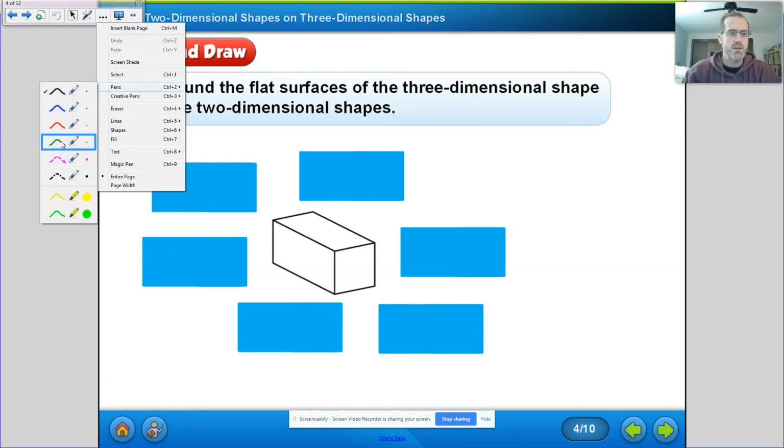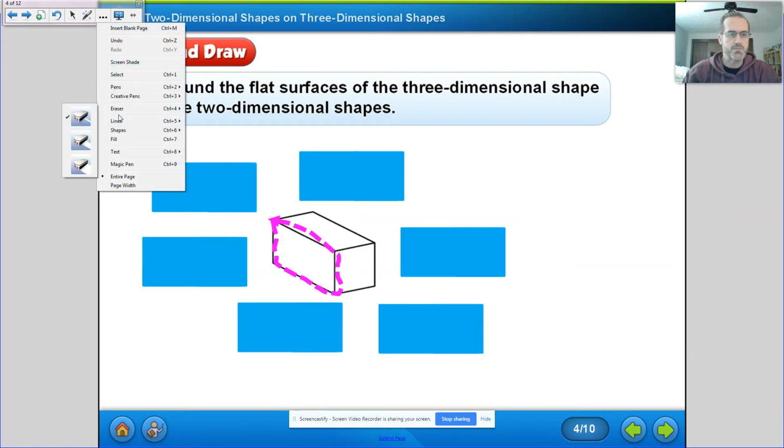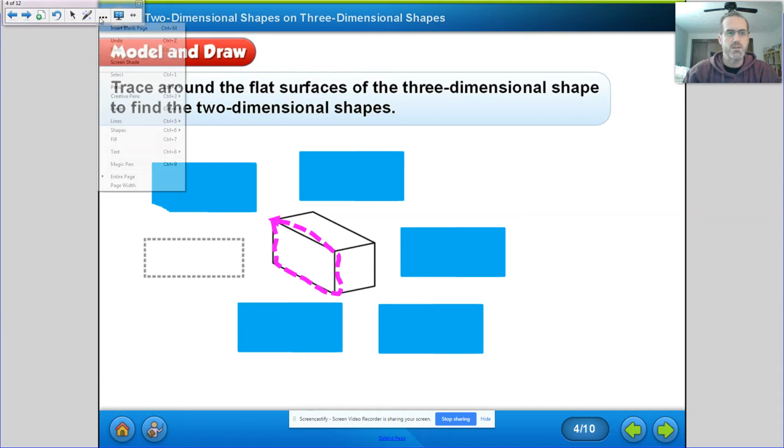Let's do the pink. Let's trace around these. So there's this. What do we think this shape is? Let's check. That is a rectangle. We got a rectangle. Now let's see.